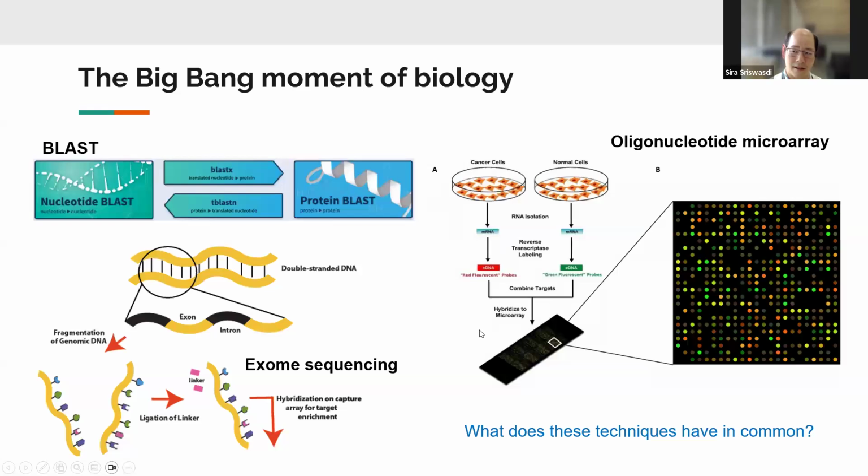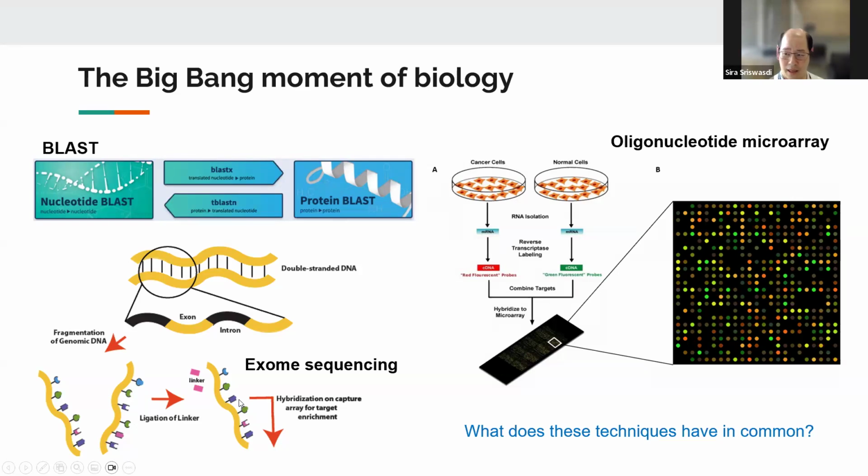These three techniques, the one thing that they have in common is that if you don't know the human genome, they don't exist. Because if you don't have the human genome, what would you search against? You don't have the database for BLAST. If you don't know the human genome, how would you be able to enrich exons?